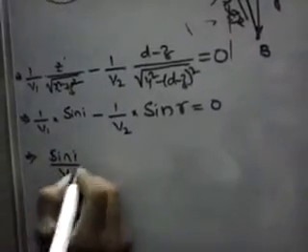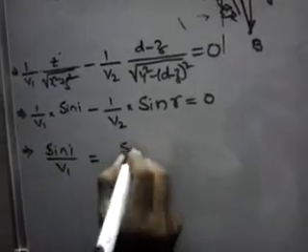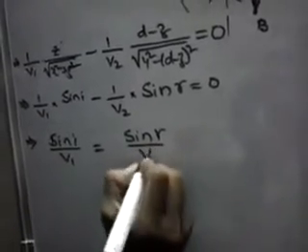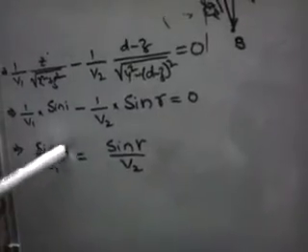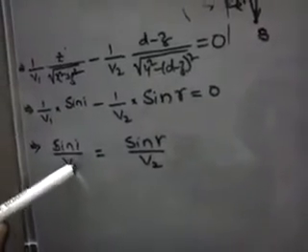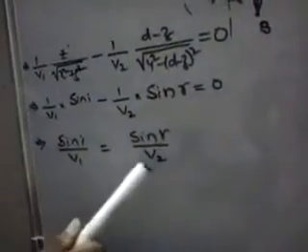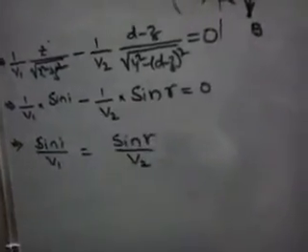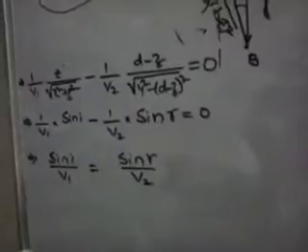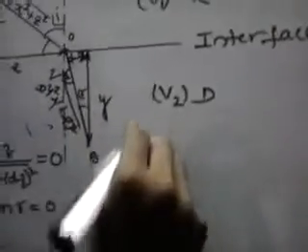By transposing this, we get sine I by v1 equals sine r by v2. You know v1 is the velocity of light in the rarer medium and v2 is the velocity of light in the denser medium, and sine I is the sine of the angle of incidence and sine r is the sine of the angle of refraction. Guys, you may remember the formula for the refractive index: n equals c by v.